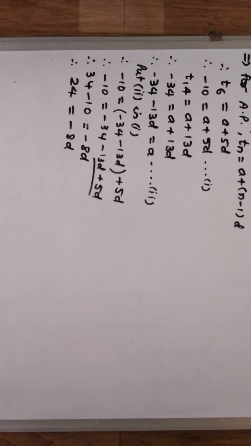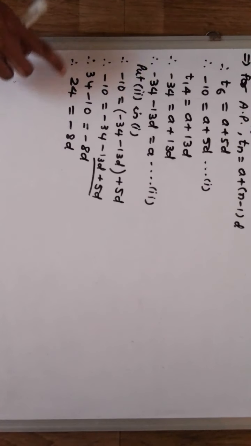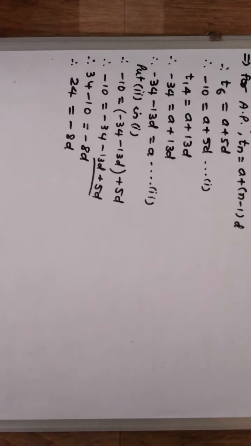Now I am interested to find this d. Now to find this d, I have to take minus 8 to this side. So when I ask you, if I take minus 8 to the other side, what will happen?